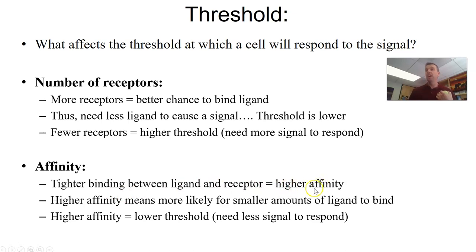So by definition, higher affinity means tighter binding. And if you have higher affinity, it's more likely for a smaller amount of ligand to bind. Right? You don't need as much ligand to bind if you have a higher affinity. If they bind tightly, it's going to find it and bind it and not fall off, very simply. Right? So if you have a higher affinity, binds tightly, you have a lower threshold because now you need less signal to respond.